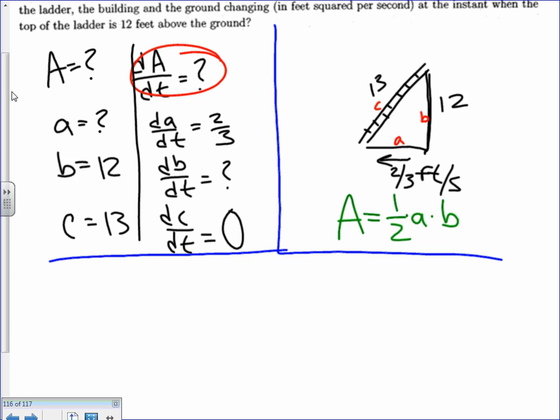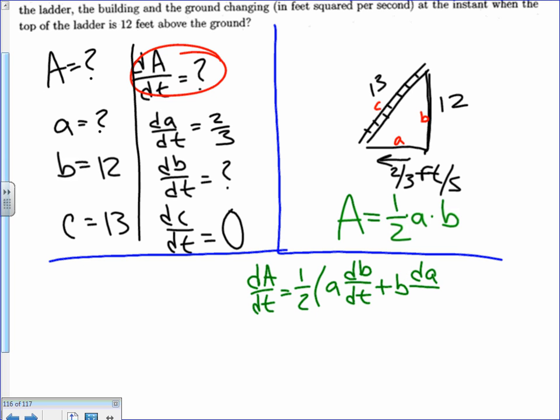I'm going to take the derivative of this because I need a dA/dt. So dA/dt equals 1/2, that's a constant multiple, then I do the product rule: a dB/dt plus b dA/dt.